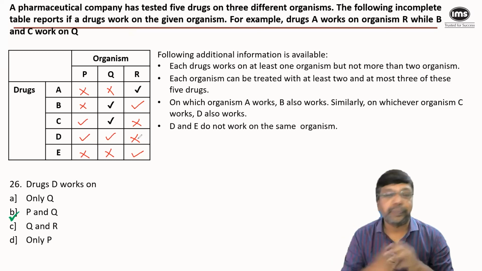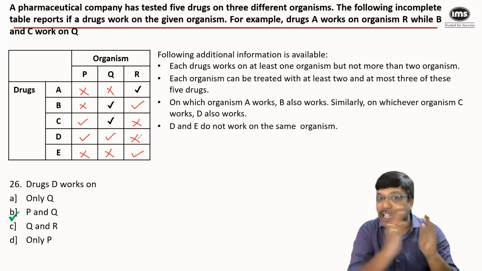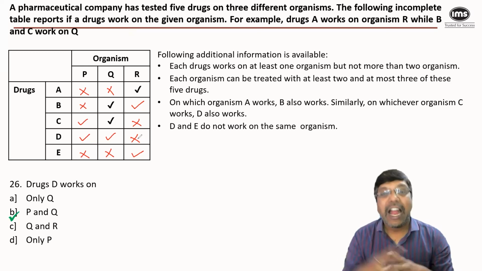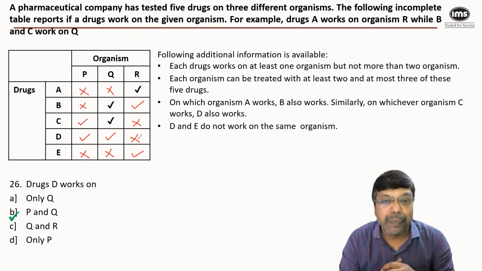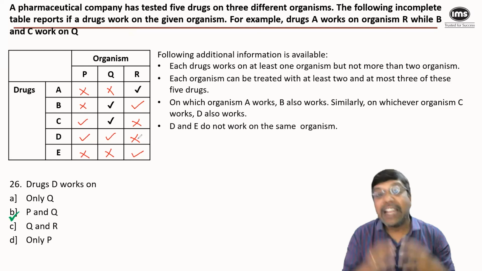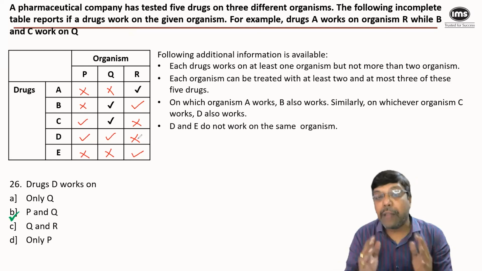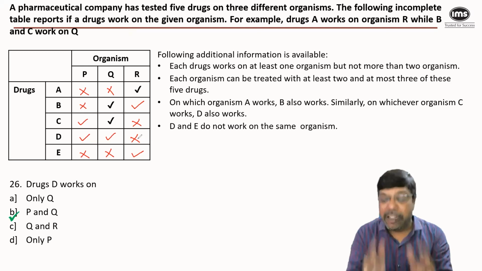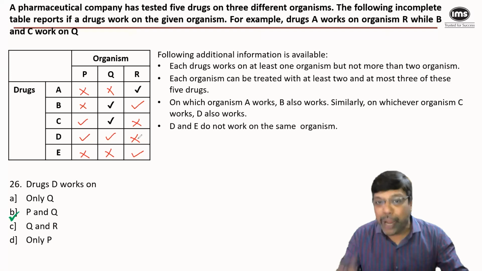And number two, also verify whether every row has either one or two ticks and every column has either two or three ticks. I understand that it will take a bit of time for you to do this, even if it takes 4 to 5 minutes and you are able to fill up the table properly. Believe me, guys, answering the 5 questions under this set together will not take more than a minute.